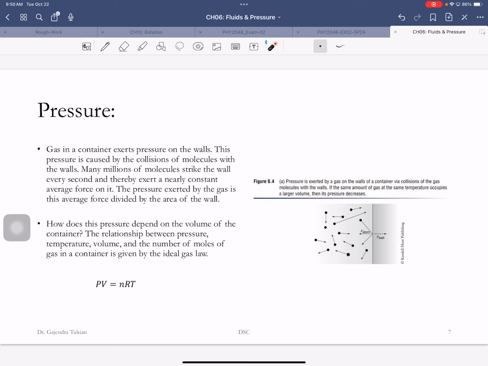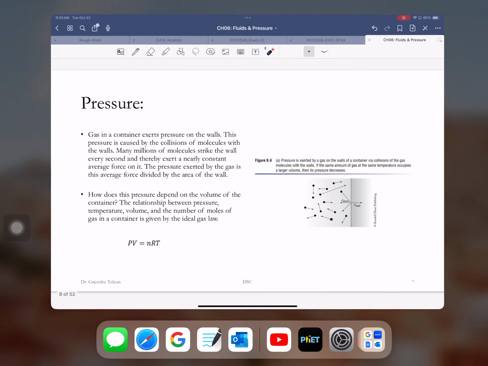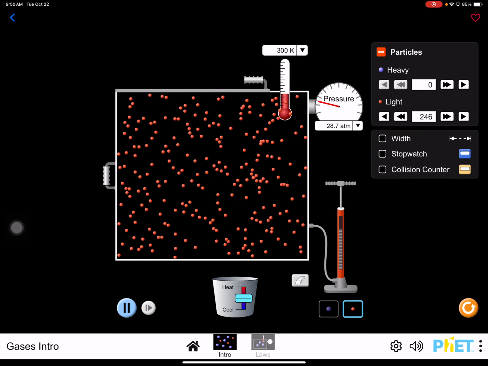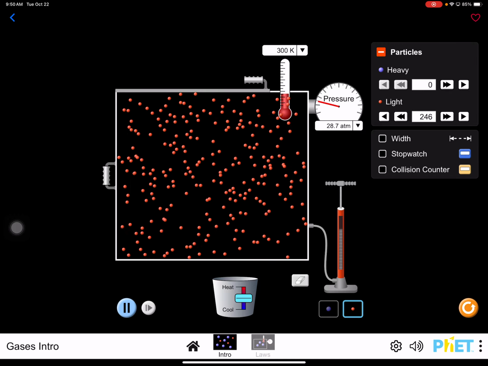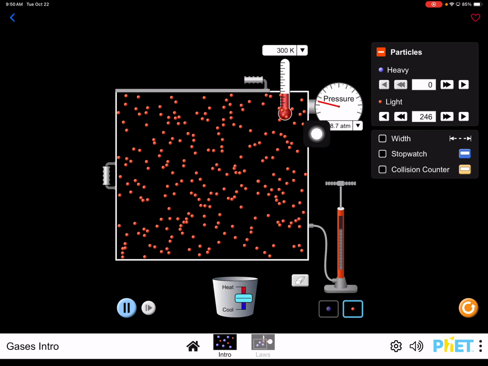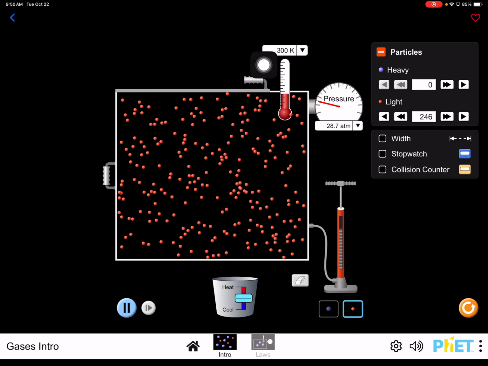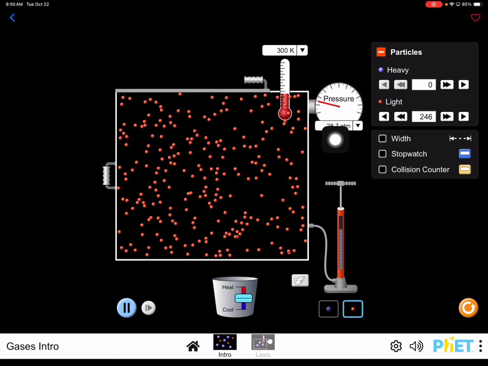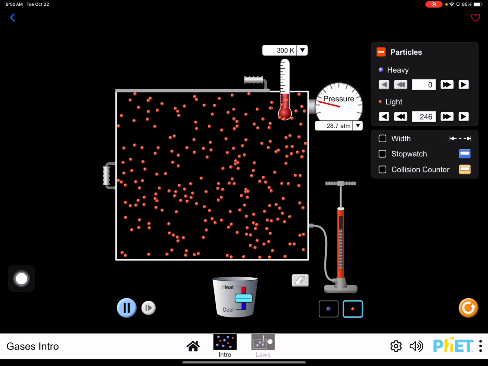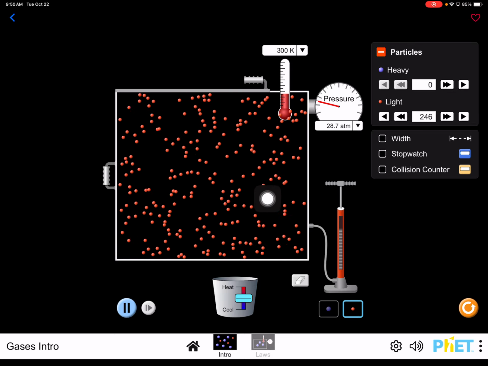All right, so here is the ideal gas law. So going back to that, here's the volume of the container. There's the temperature. There's the pressure. And this is the amount of gas in there.